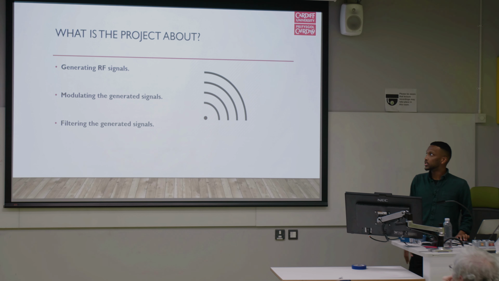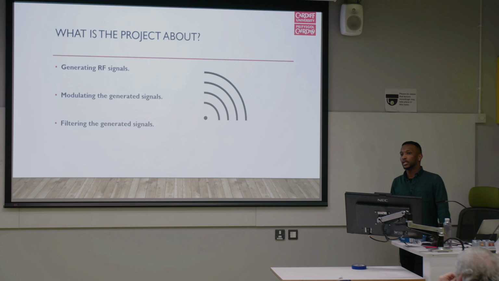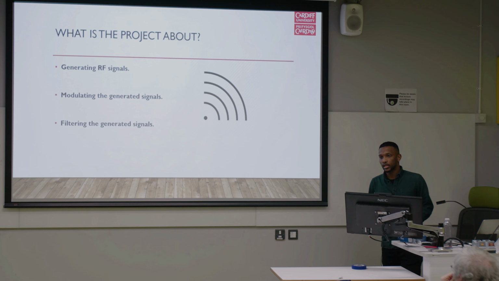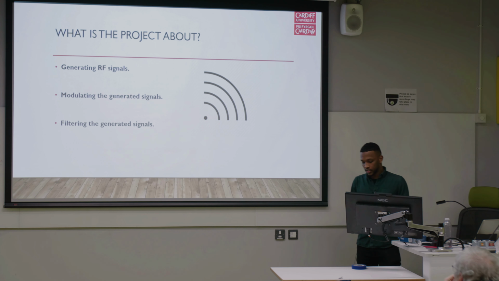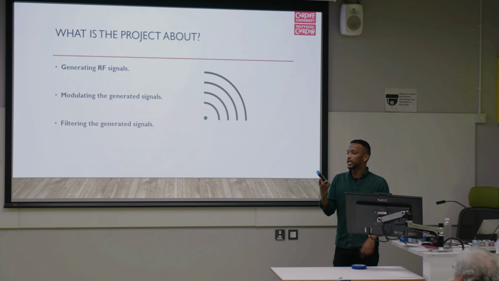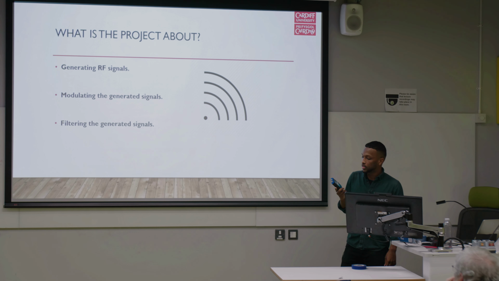So to take part in this project, I am going to build an RF signal transmitter that can work at various frequency bands. In order for this RF signal transmitter to work, I need to configure an RF signal generator. For this project, we've chosen the ADALM Pluto device.